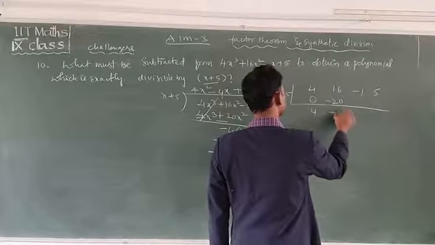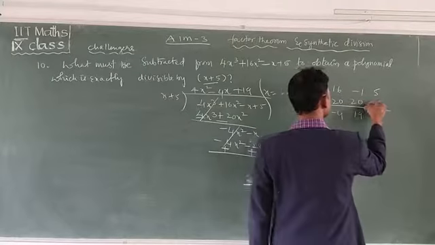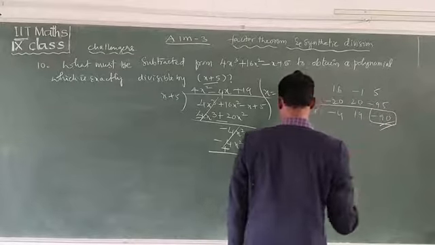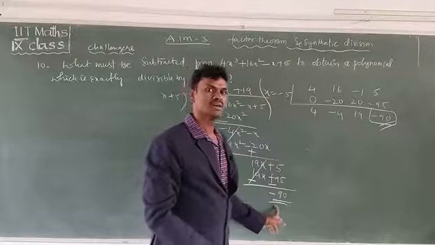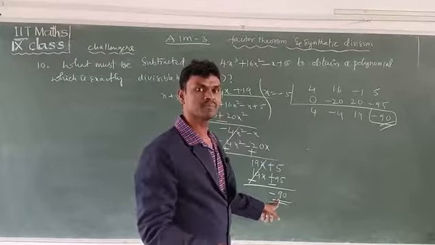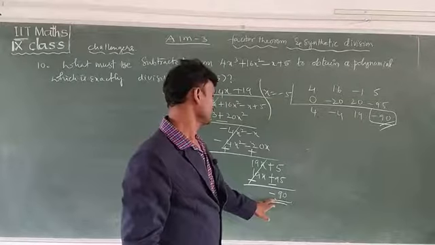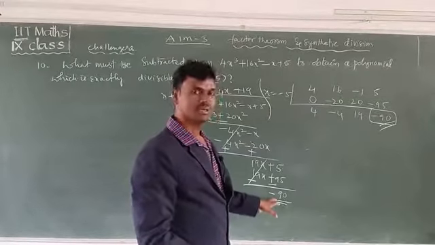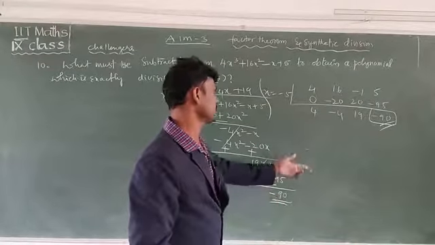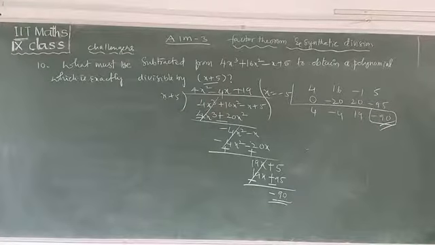Then 16 minus 20 is minus 4; minus 4 into minus 5 is plus 20, then 19; 19 into minus 5 is minus 95, then this is minus 90. This one, here we have to subtract how much? Minus 90. Minus 90 means you have to subtract minus 90, so plus 90. Actually if you subtract minus 90, that is plus 90. That's why you have to subtract plus 90. Okay, this is the answer.